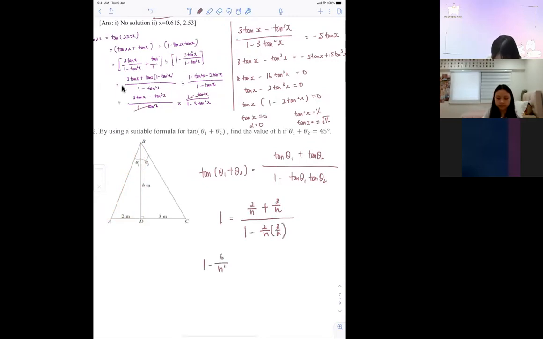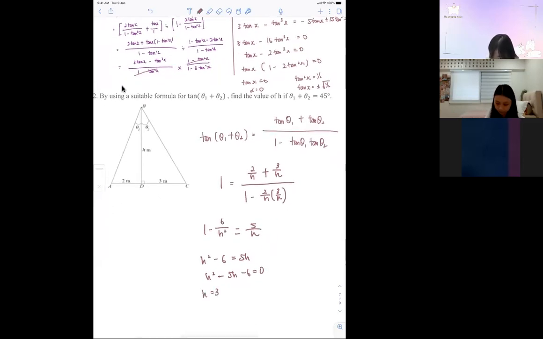1 minus 6 over h square is equal to 3 over h plus 2 over h, sorry, equals 5 over h. Okay, everything times h square. H square minus 6 equals 5h. H square minus 5h minus 6 equals 0.